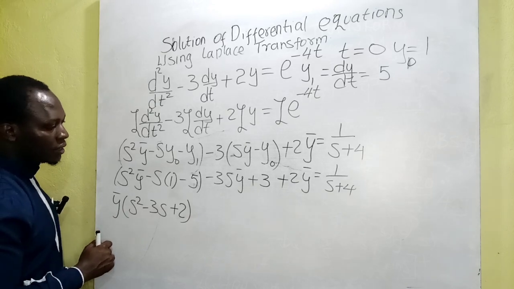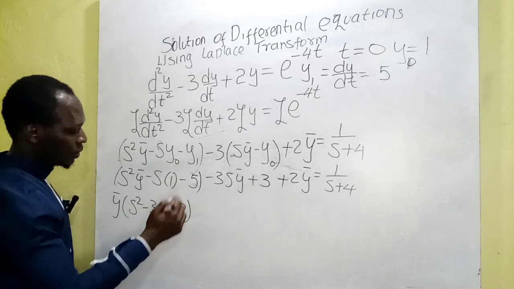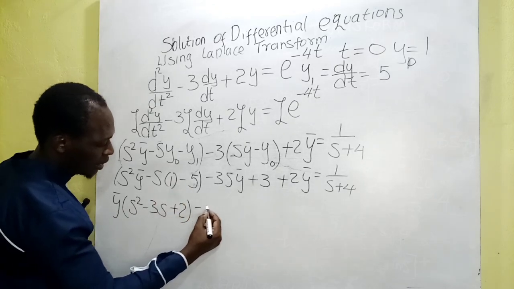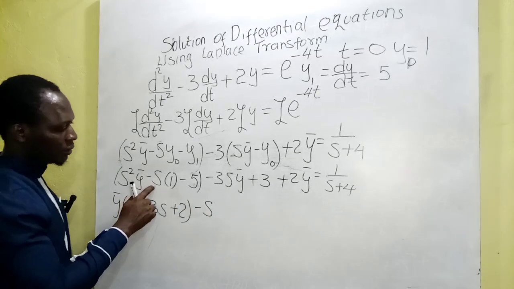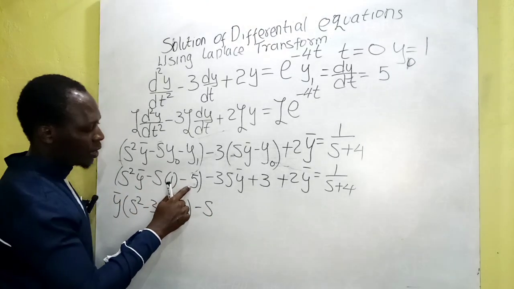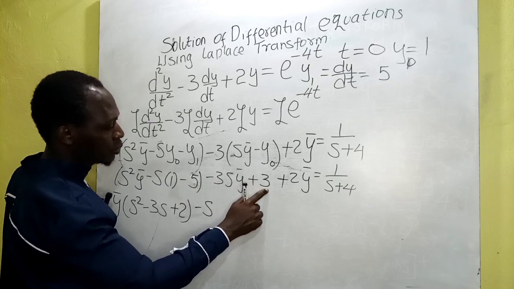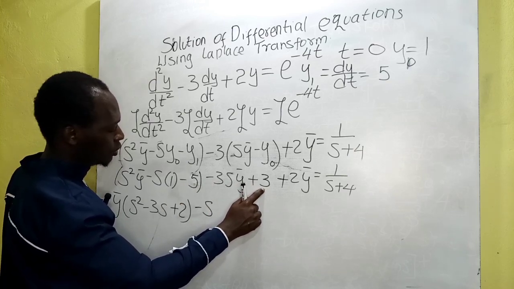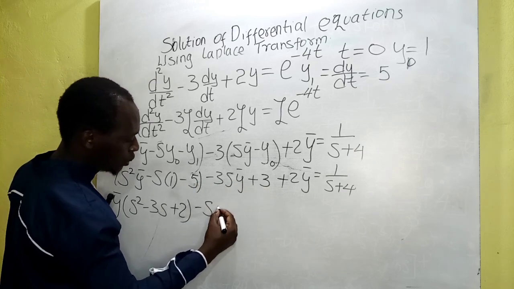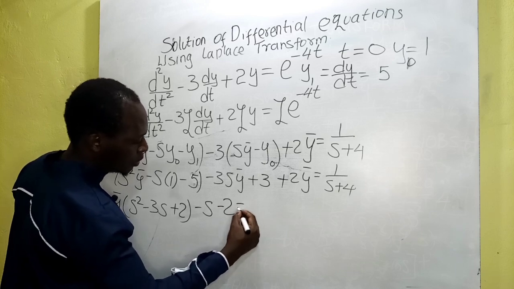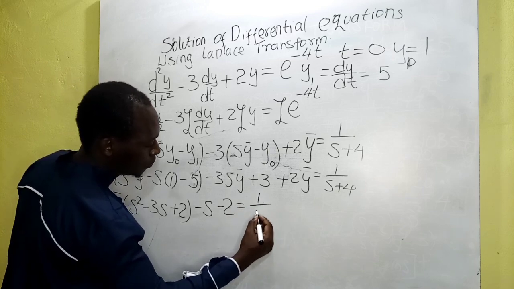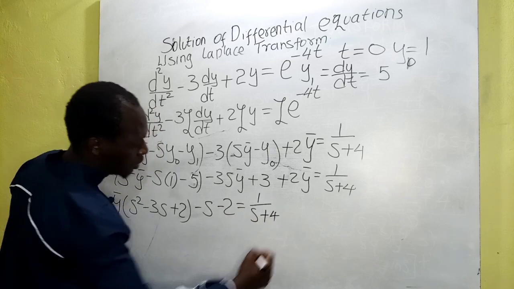Our y bar is outside here. We will be left with a negative of s. Here we are going to have a negative of 5, but we also have a digit which is a positive of 3. When you add these, you are going to have a negative of 2. Everything is equal to 1 all over s plus 4.